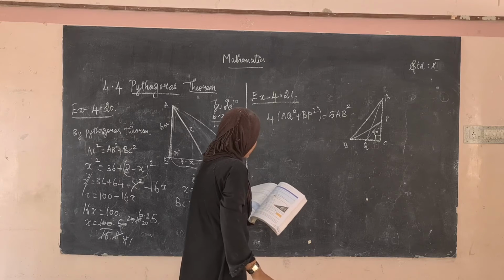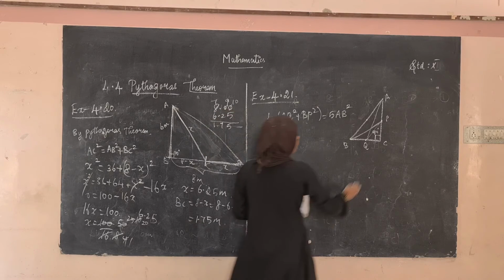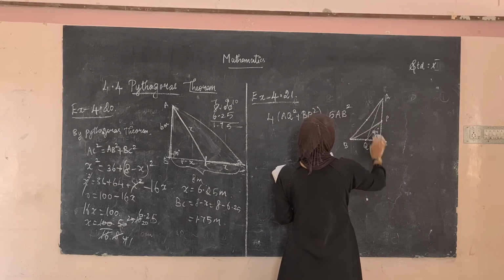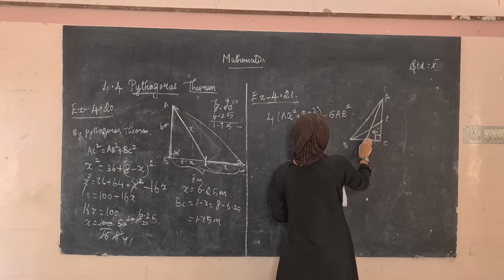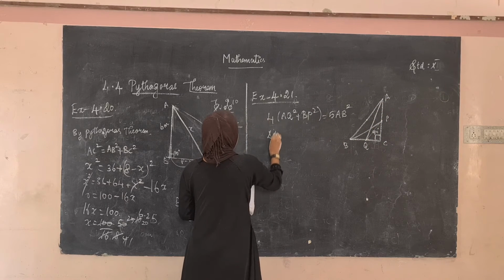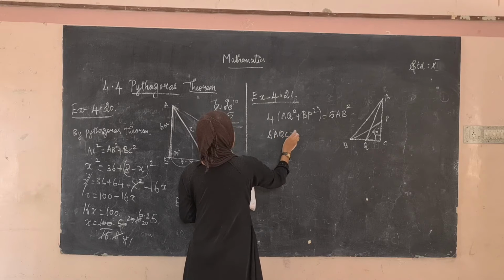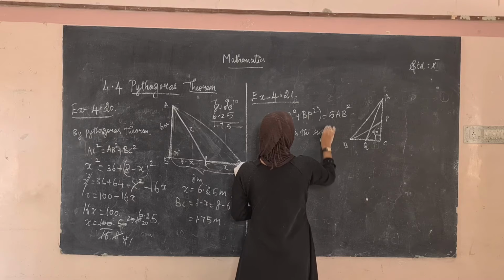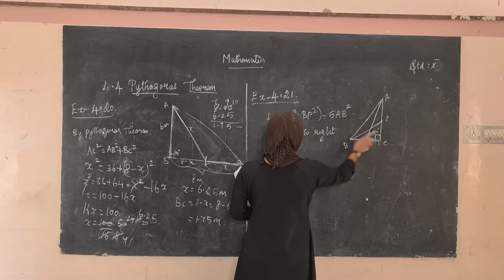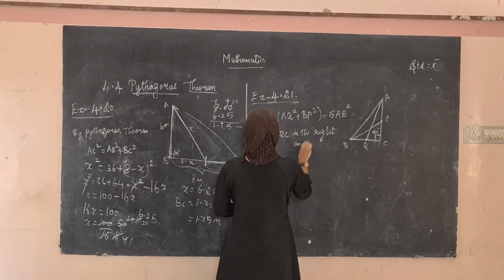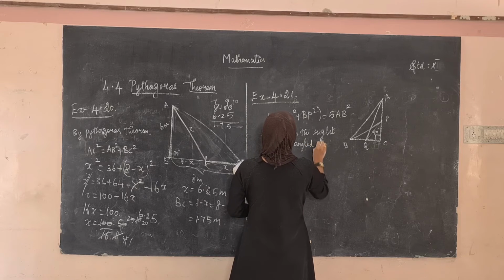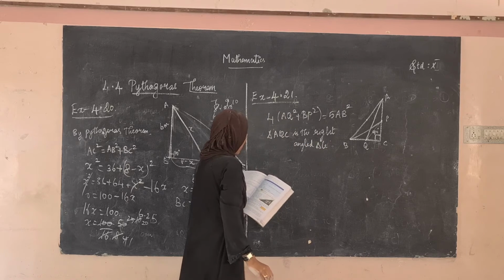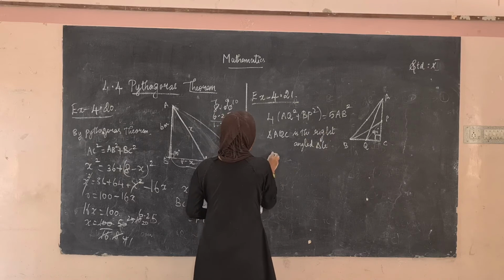Okay, so see here AQC. ABC is the triangle. Now we are taking AQC. Triangle AQC is a right angle triangle, right? Because it is right angled at C. Then by Pythagoras theorem what can we write?